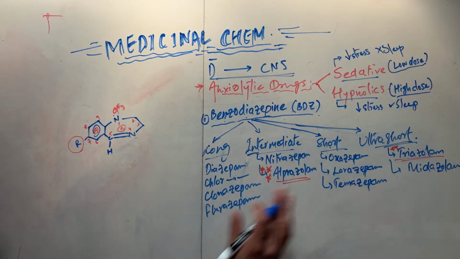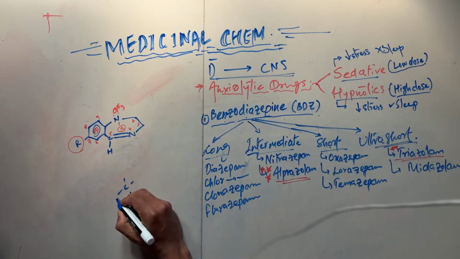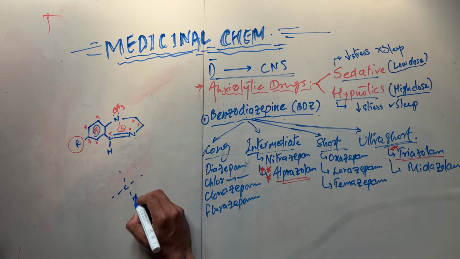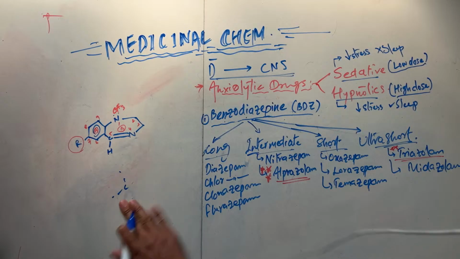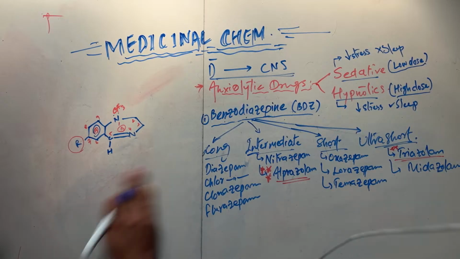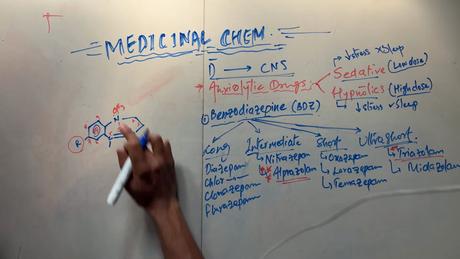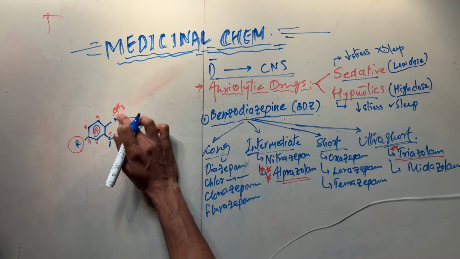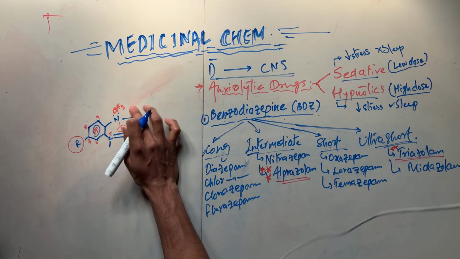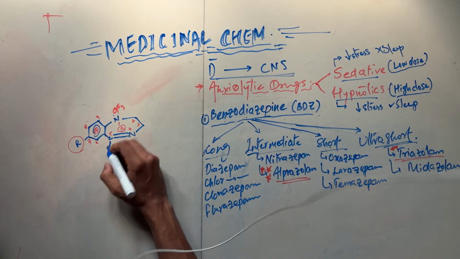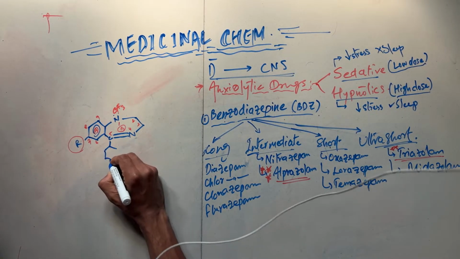In general this carbon has 4 bonds, and if 3 are connected with other things, the 4th one is connected with hydrogen if nothing is mentioned. But here this hydrogen is replaced, in the same way that the hydrogen connected with nitrogen was replaced in modification. This hydrogen is replaced with a phenyl ring.